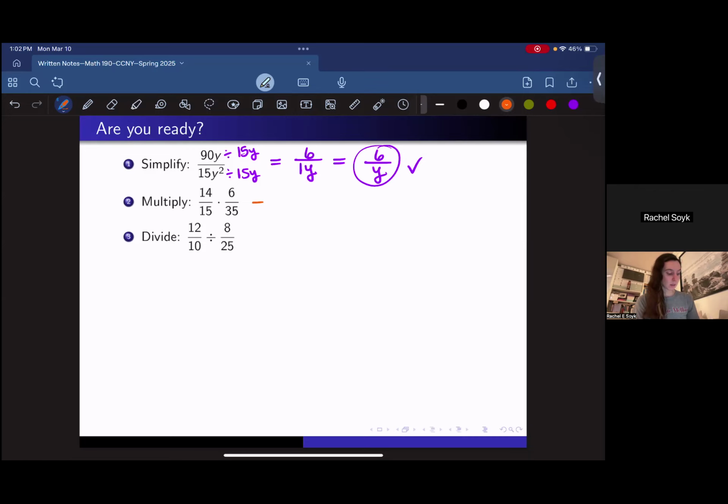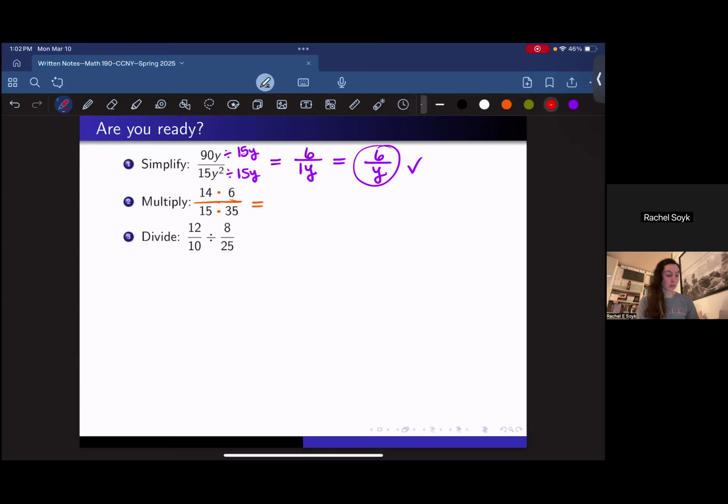Second warm-up example, we want to multiply these two fractions. Again, when you're multiplying fractions, think about it as one giant fraction, where you're taking the product of the numerators and then you're taking the product of the denominators. But before you take the product, see if you can find some common factors to make your multiplication a little easier.